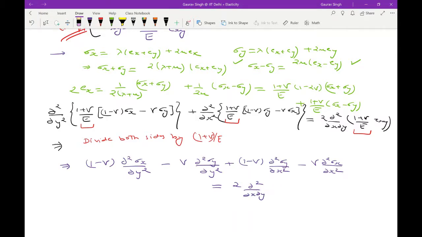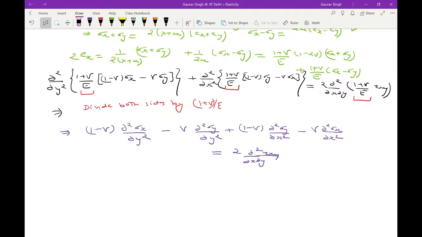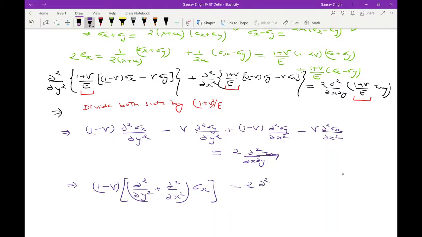Okay. ∂²/∂y² plus ∂²/∂x², this operator applied on sigma x, is equal to 2 times ∂²tau xy/∂x∂y plus nu.